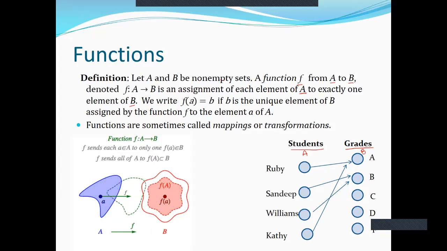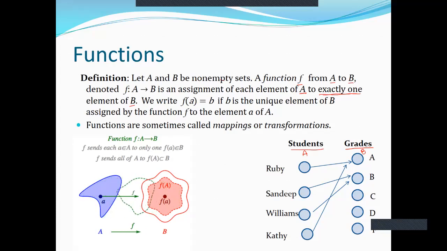Let me read it one more time. We say that f: A arrow B is an assignment of each element of A to exactly one element of B. What does it mean? Ruby is one element, and A, B, C, D, F are the elements of grades.